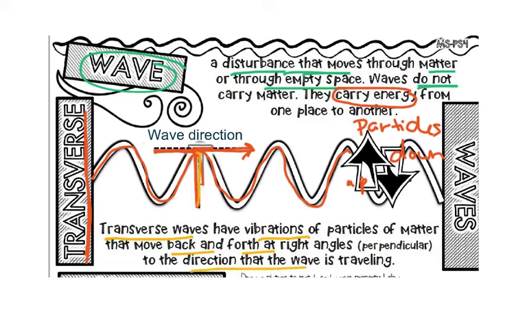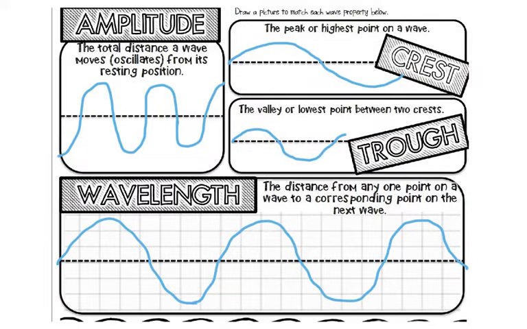So if the wave is moving left to right, the particles move up and down. So in a transverse wave, the wave moves left to right, and the particles move up and down.